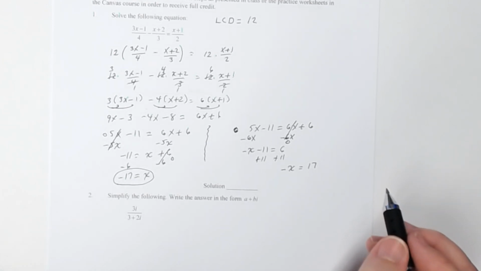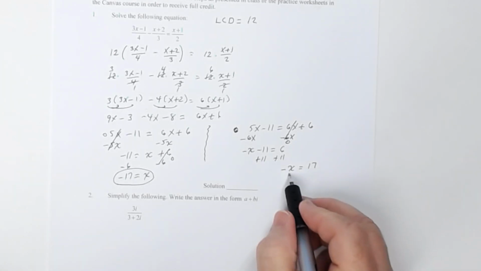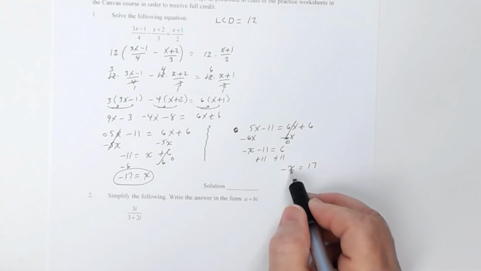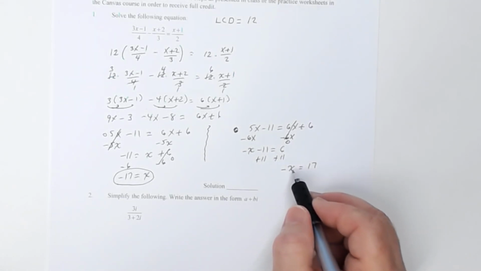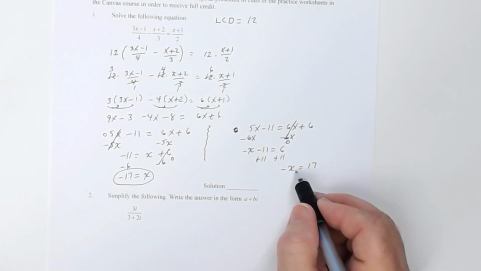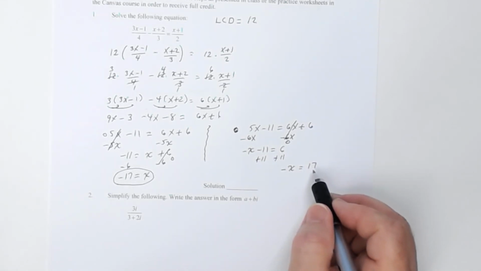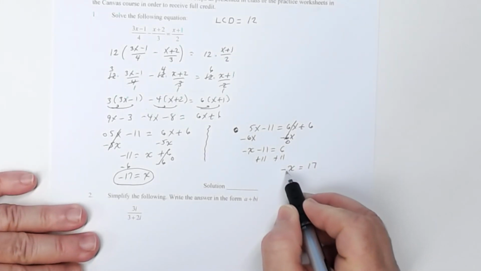All right, now remember, you're trying to solve for x. So at this point, you can think of this in two different ways. You can say the opposite of x is 17. So the opposite of what number is 17? Well, the opposite of a negative 17 is 17. Most students, though, will put a coefficient here of negative 1.